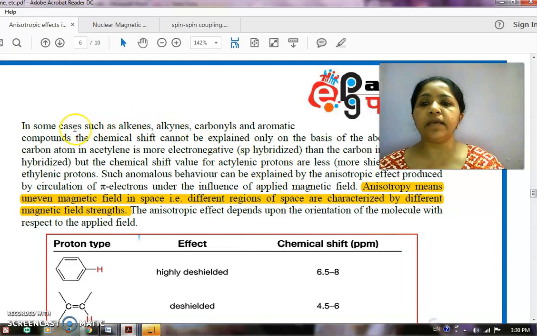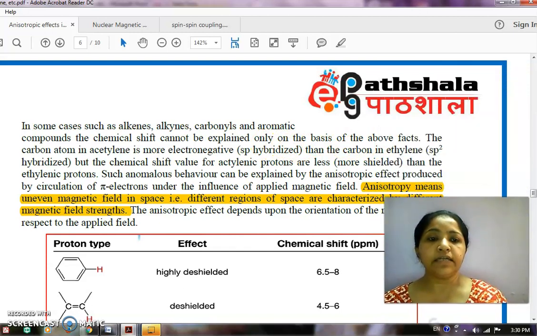In some cases, such as alkenes, alkynes, carbonyls and aromatic compounds, the chemical shift cannot be explained only on the basis of what we have already discussed, like electronegativity. The carbon atom in acetylene is more electronegative, as it is sp hybridized, than the carbon in ethylene, which is sp2 hybridized.